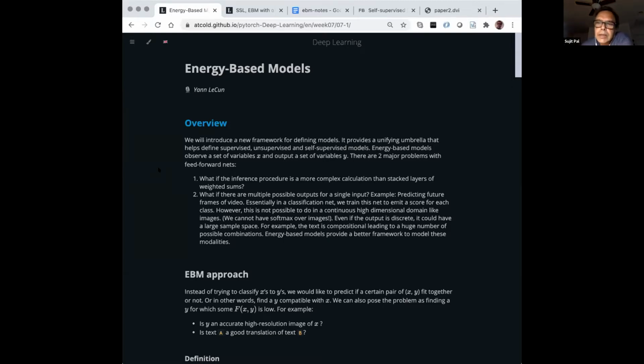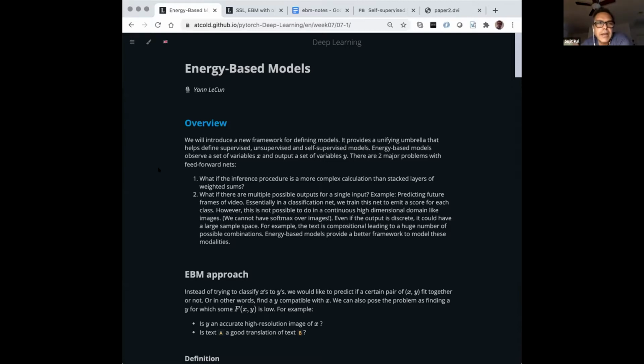So the big difference between standard feed-forward or even convolutional networks is that given a feature set X, you are asked to predict a label Y, right? However, in certain cases this is not very practical, and it's more practical that given a pair of feature sets x1 and x2, you try to find whether they are close to each other or not close to each other.